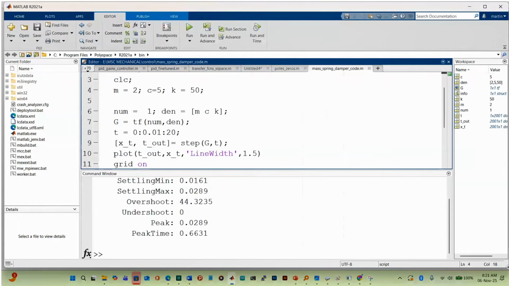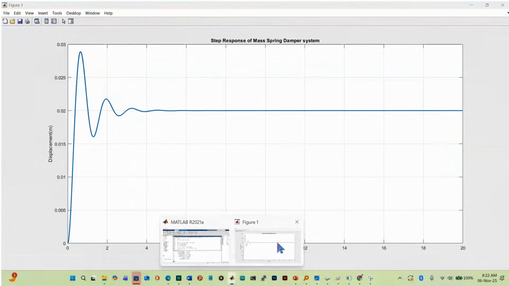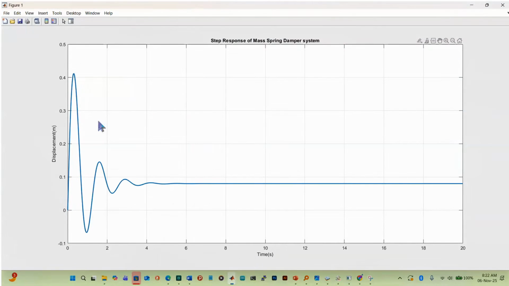If now the numerator is like 5, let us say it is also given as a matrix as maybe 5, like this. So you start testing your system and see what is happening.